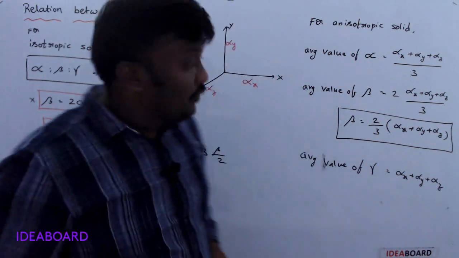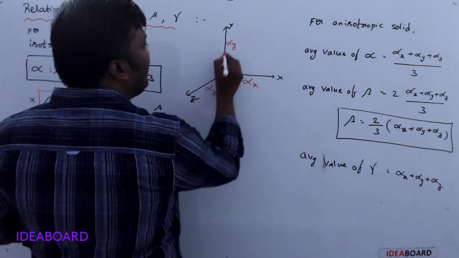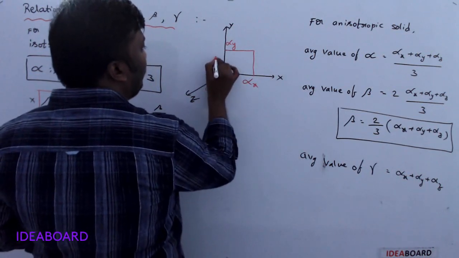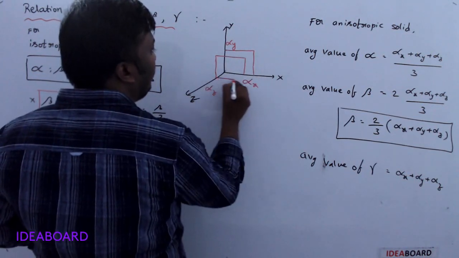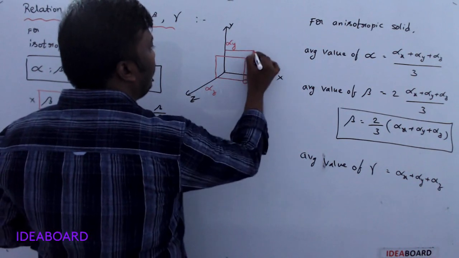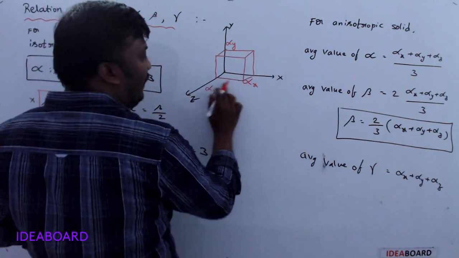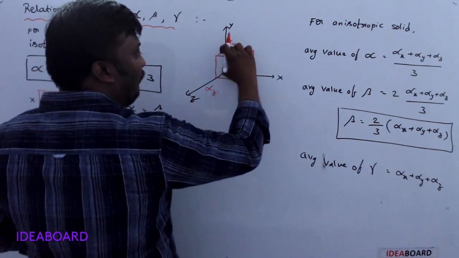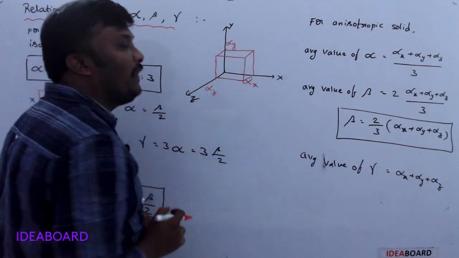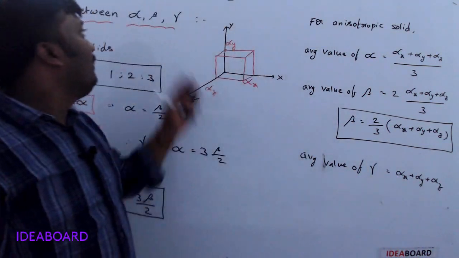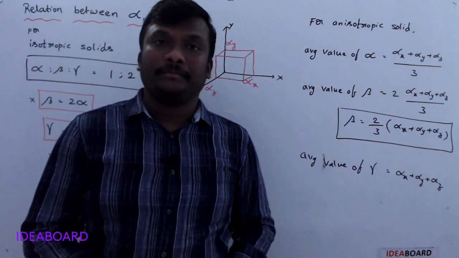Is it clear? In three-dimensional view, just imagine one cube: along the x-axis alpha x, along the y-axis alpha y, and along the z-axis alpha z. So these are the relations between alpha, beta and gamma.